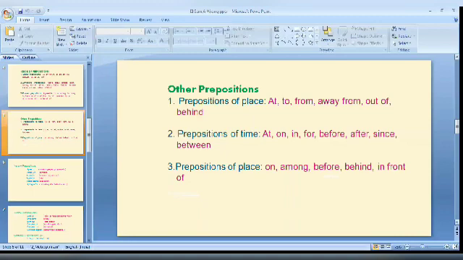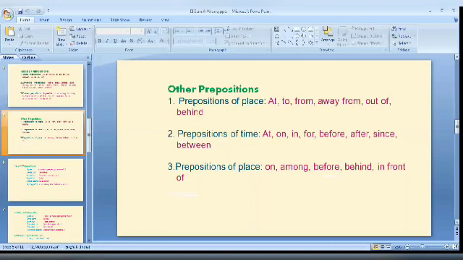So he's using the preposition since, and in the first sentence, for 10 years is a quantity of time. So according to that, they use the prepositions of time. These are some important prepositions that indicate time: at, on, in, for, before, after, since, between.